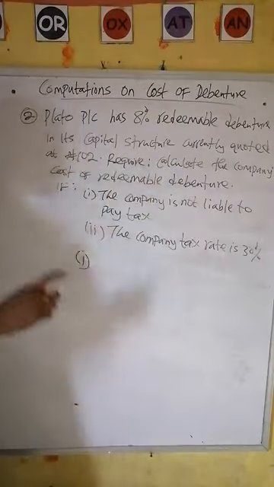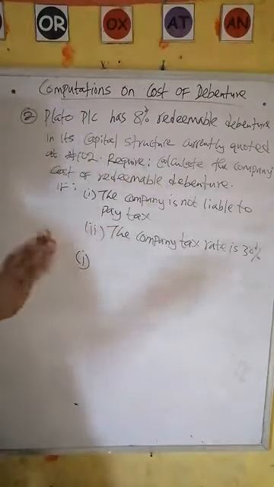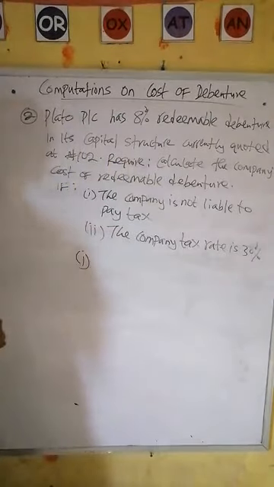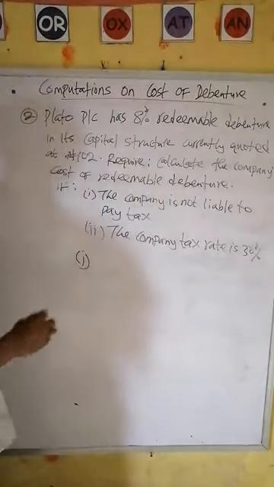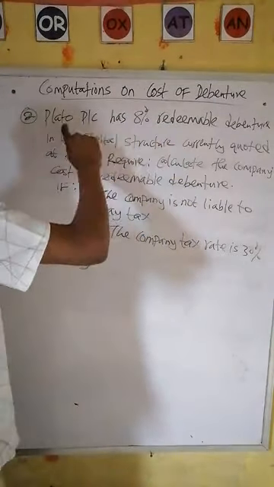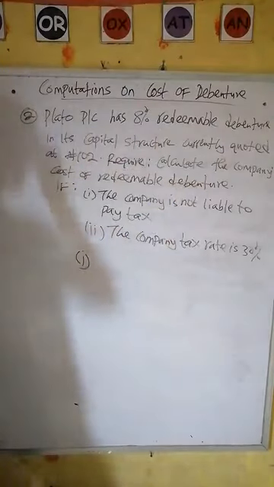Now the first step, in any question you want to solve under debenture, first of all determine whether the question is a redeemable or an irredeemable question. Looking at this question, it said Plateau PLC has 8% redeemable debenture. But truly, is this a redeemable question?